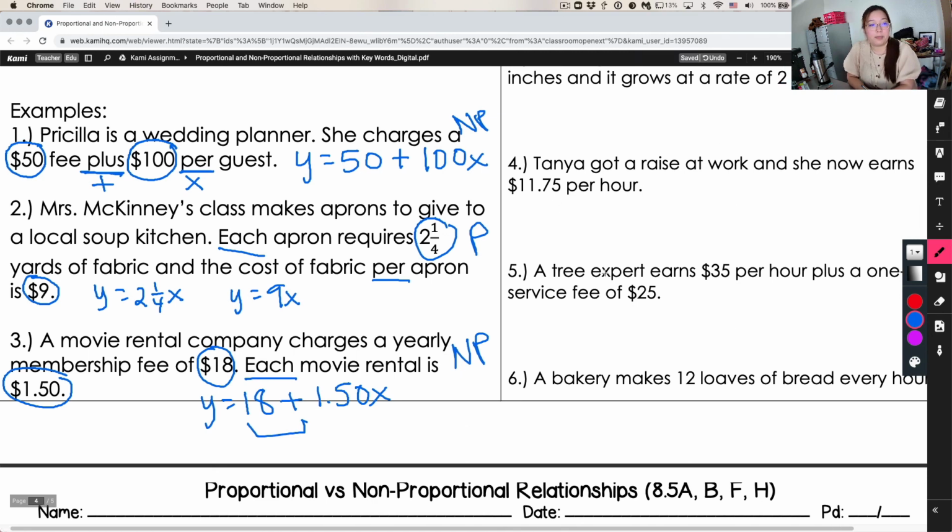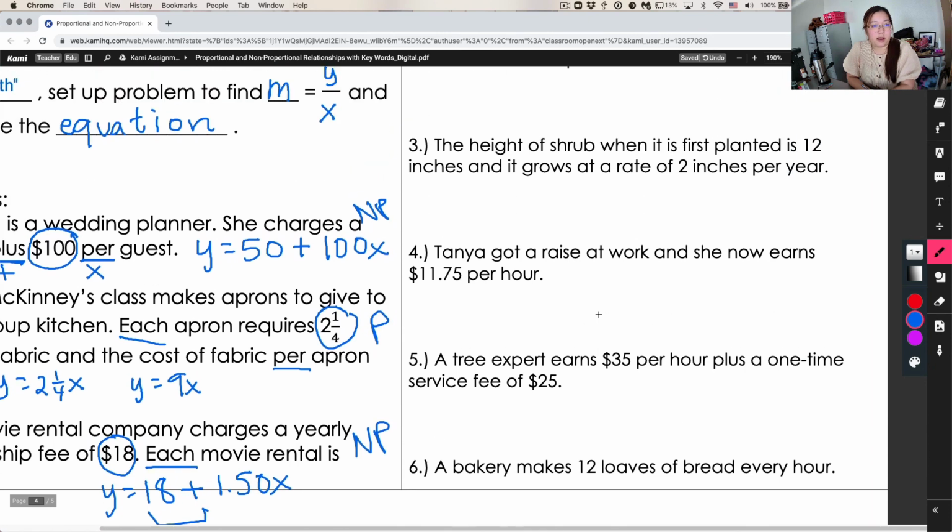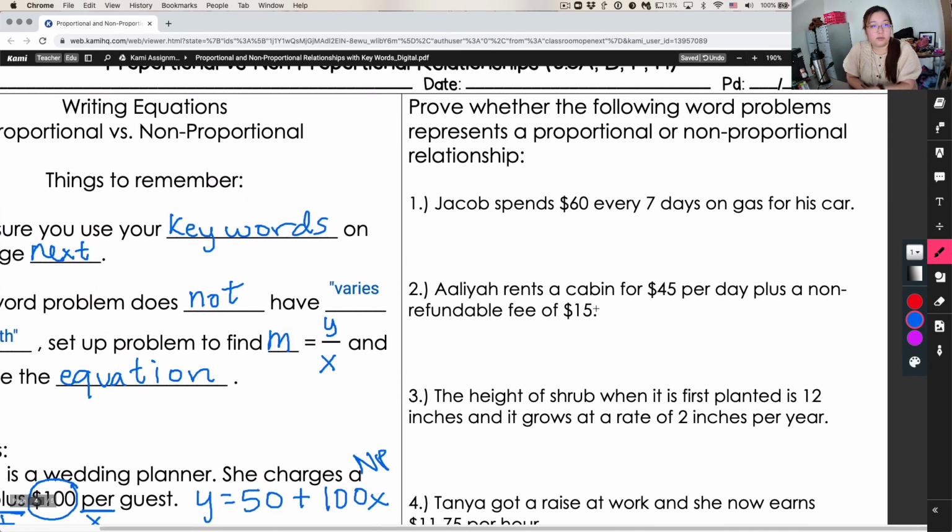Okay. So now we have some more independent practice over here. Right, so I would like you to write equations for these and then tell me if it's proportional or non-proportional. I'm not going to do the equation for you because you need to learn those keywords, but I will give you the answer of whether it's proportional or non-proportional so you can check your work.